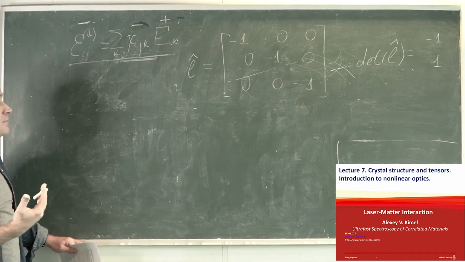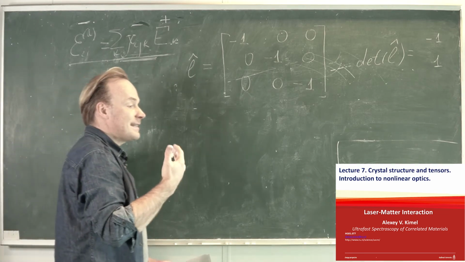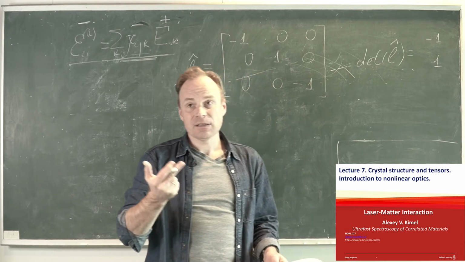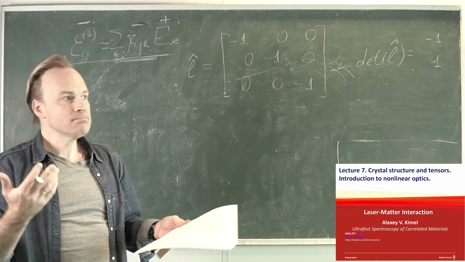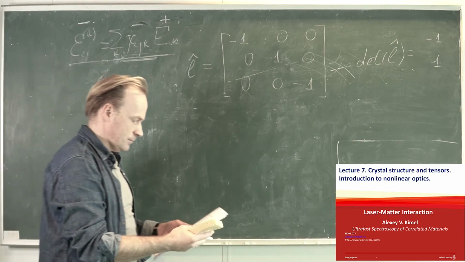The properties of this media must depend on a quantity which is sensitive to time reversal. And these quantities are magnetic field, magnetization, spin, angular momentum, current, whatever is associated with motion.